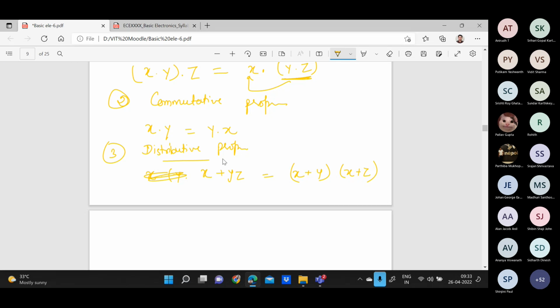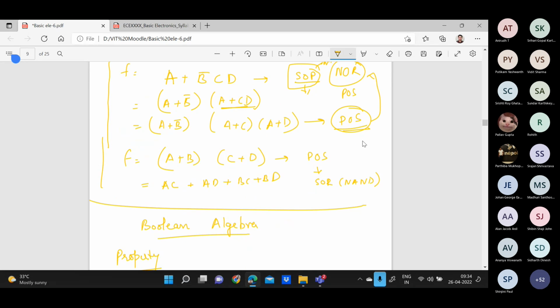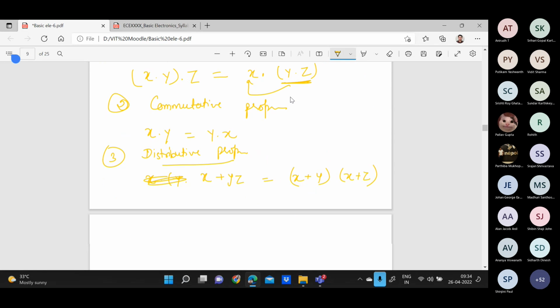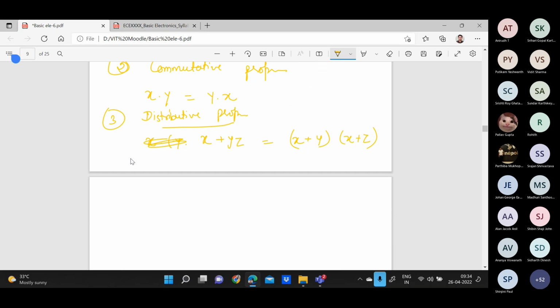So this is called the distributive property, and we have seen the same here also. That was also a distributive property only. And for example, if you have a function like X times Y plus Z, then also we can write it as XY plus XZ. Right? So this is the distributive property.